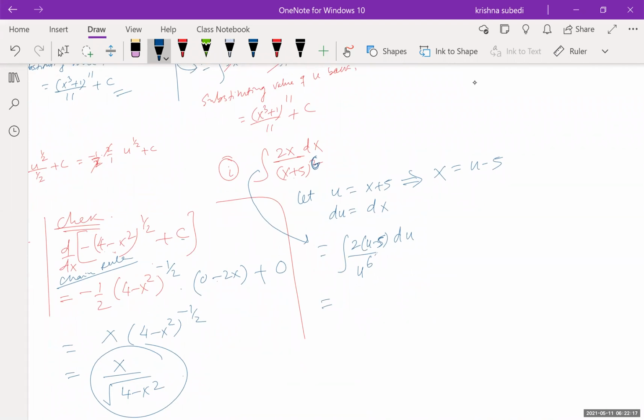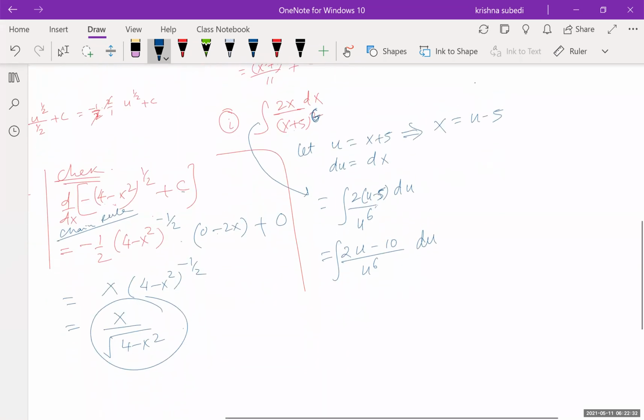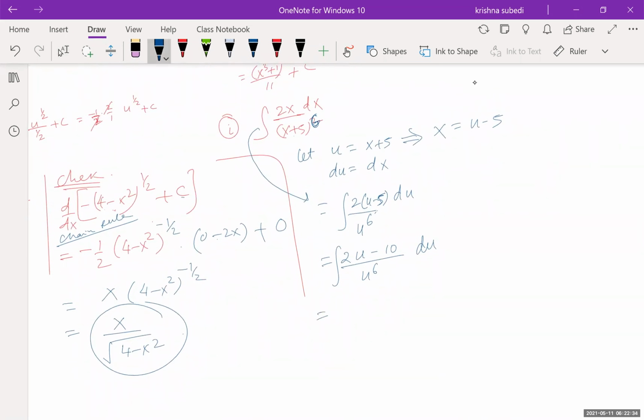So this means 2u minus 10 divided by u raised to power 6 du. Right? So if I put them separately, I can write this as 2u over u to the power 6, minus 10 over u raised to power 6, du.